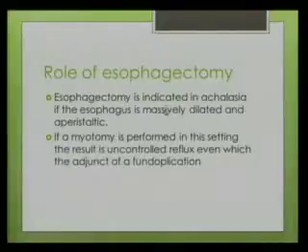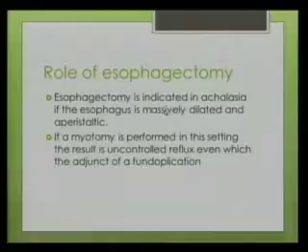What happens is even if you go in and do a myotomy with an anti-reflux procedure, the anti-reflux procedure doesn't work. The symptoms are still there. The patient still develops recurrent aspiration pneumonia. So if the esophagus has no motility, you are perfectly justified in recommending esophagectomy. Okay? It is the recognized treatment for this problem. If you do a myotomy in this setting, what you get is uncontrolled reflux even with a fundoplication.